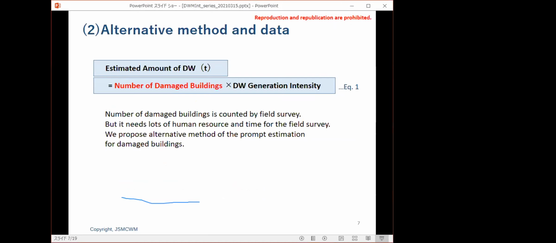So far I explained the disaster waste generation equation. I showed again the same equation at the top of this slide.